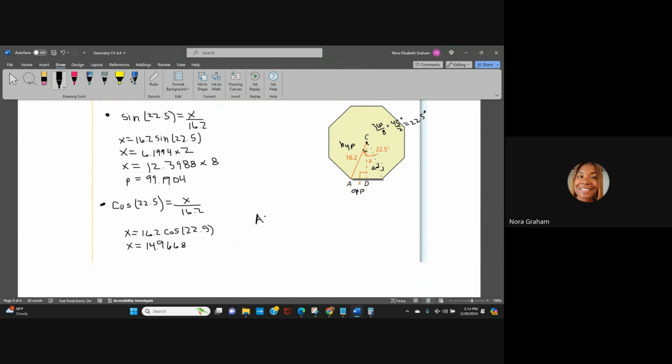so I can go ahead and put it back into my area formula. So I go A equals 1/2 my perimeter, or my base, so that's 99.1904, and then times my height, 14.9668.